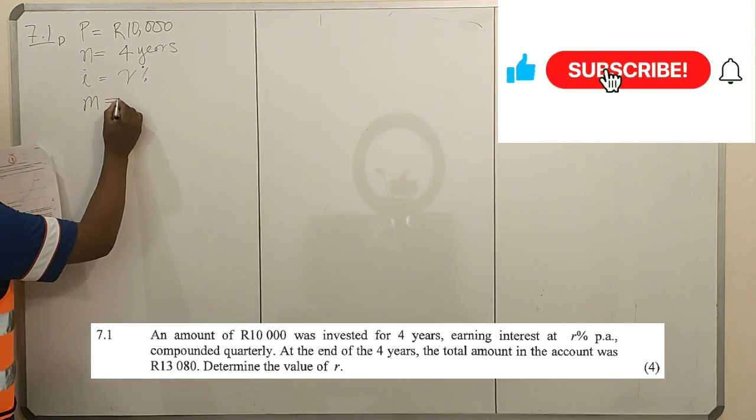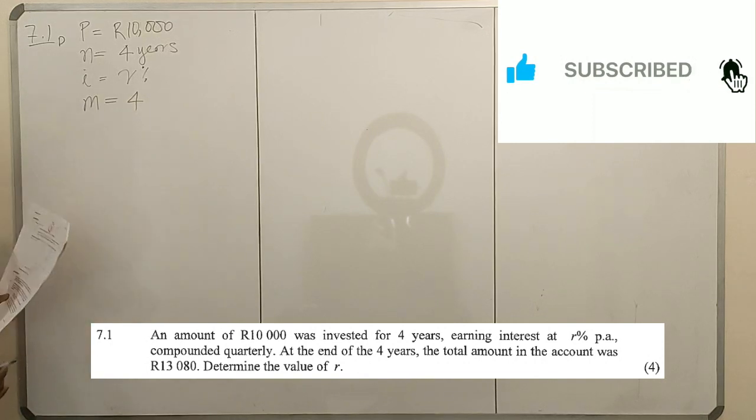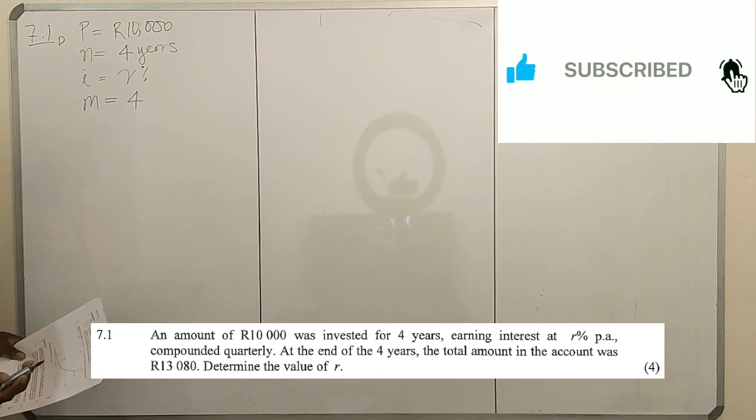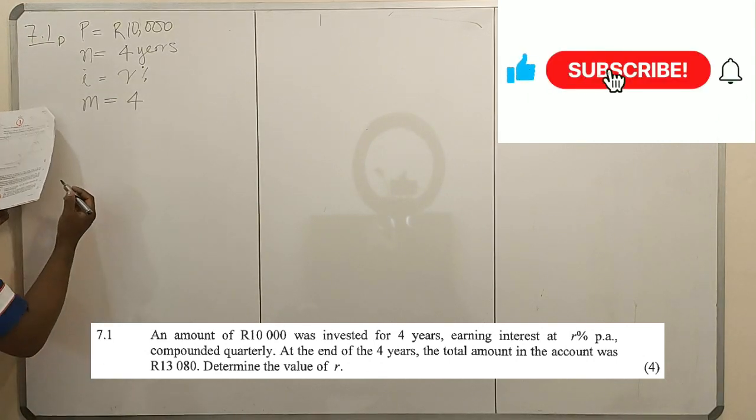So your compounding is quarterly. It's 4, because you have 4 quarters in a year, right?